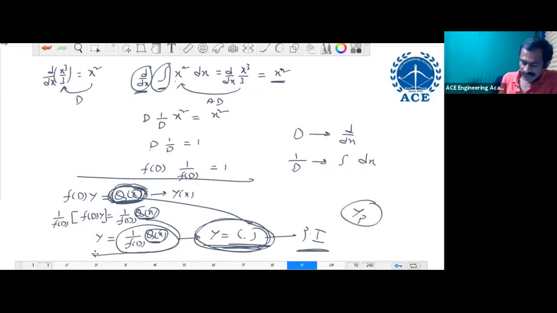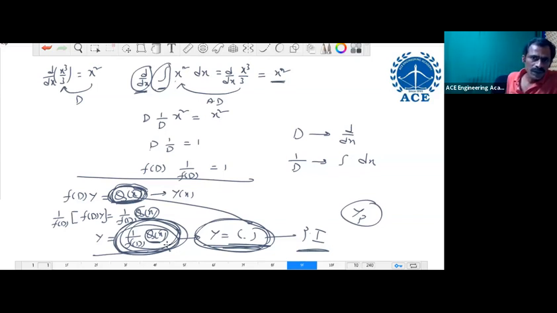So for the evaluation of 1 by f of D of Q of x, we have a general method. But before writing the general method, we write some shortcut methods for the evaluation of this based on some functions. We have many elementary functions. Elementary functions are of two types: algebraic and transcendental.